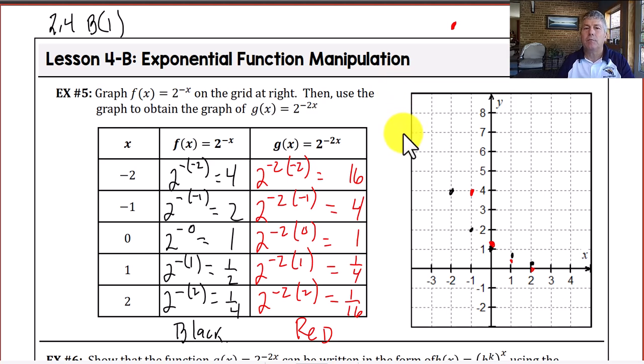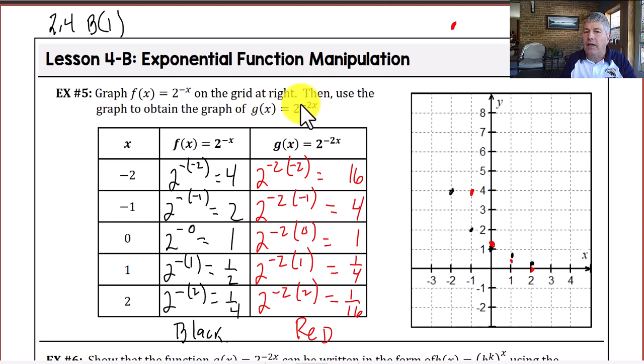Welcome back. The objective of this video is to explore more exponential function manipulations and transformations. So in example 5, we're given the graph of f of x equals 2 to the negative x on the grid at right. I did that one in black, so those are the black dots listed there. And then we want to use the graph to obtain the graph of g of x equals 2 to the negative 2x.